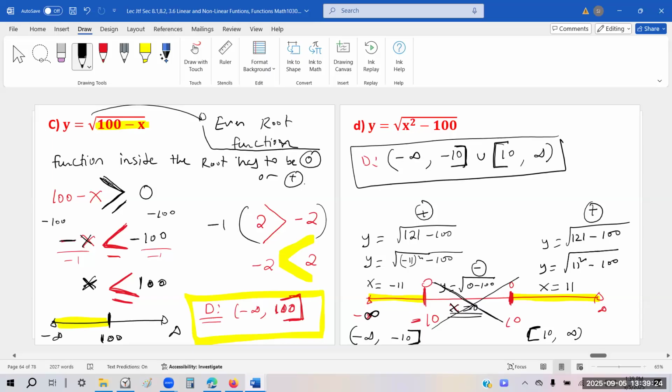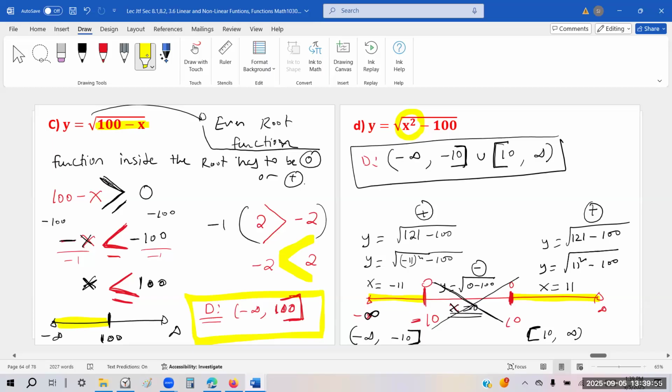So how do you know when to use this and when to use that? Well, if you have a square inside the square root, you have two pieces. Because square means you're supposed to have two problems. This x doesn't have any square inside the radical, so it has only one problem. When you solve for x, you get only one number.